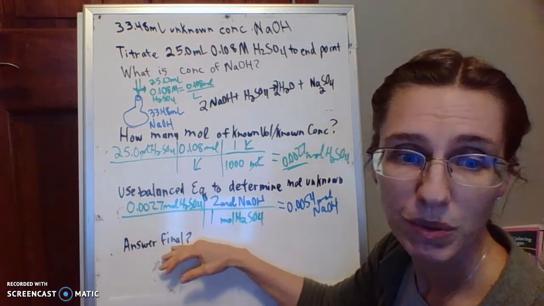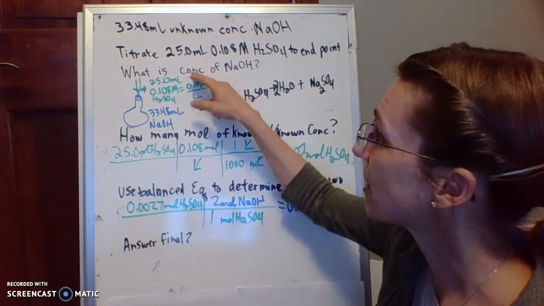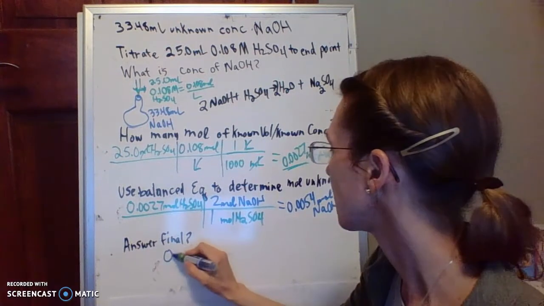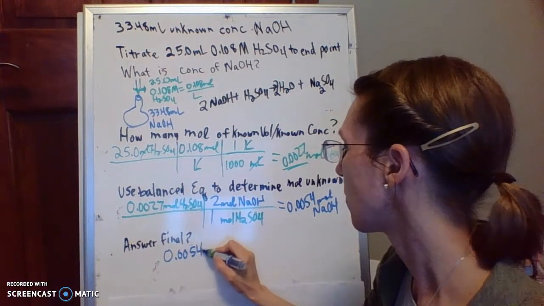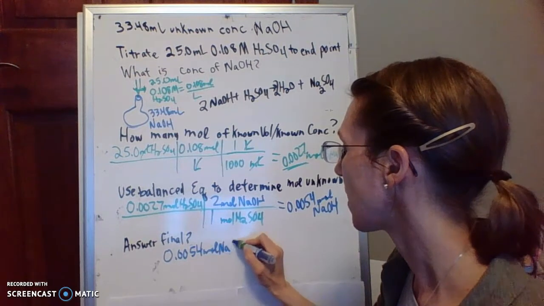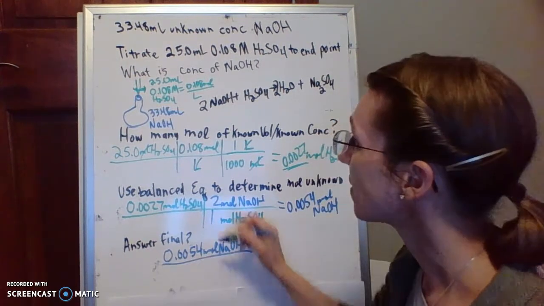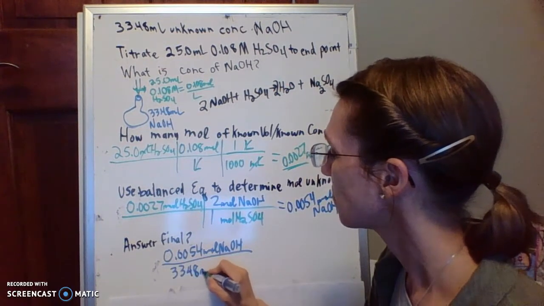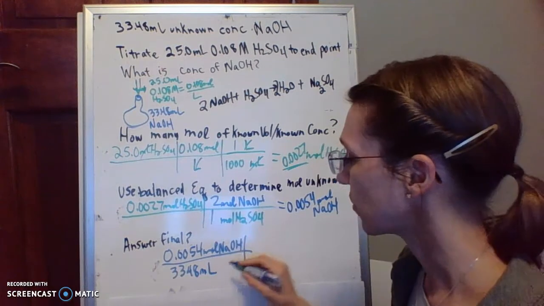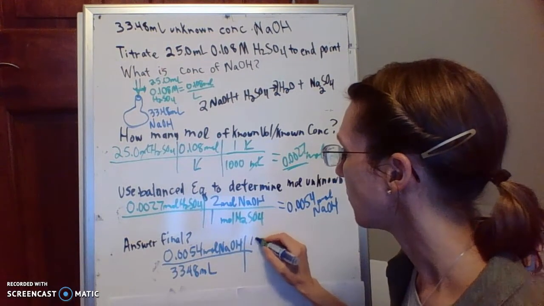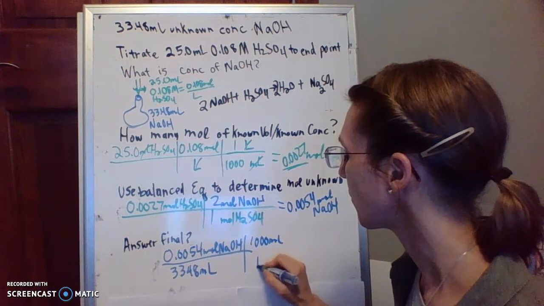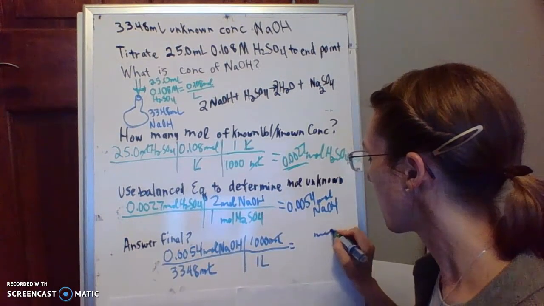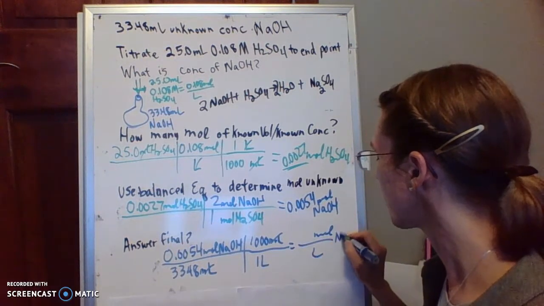And our final answer, we want to actually answer the question that they give us. Again, it's a straight concentration question, so we're going to take our 0.0054 moles of our sodium hydroxide, divided by the volume. The volume was 33.48 milliliters. We need moles per liter, so we have our 1,000 milliliters over 1 liter, and that's going to give us moles per liter for the sodium hydroxide.